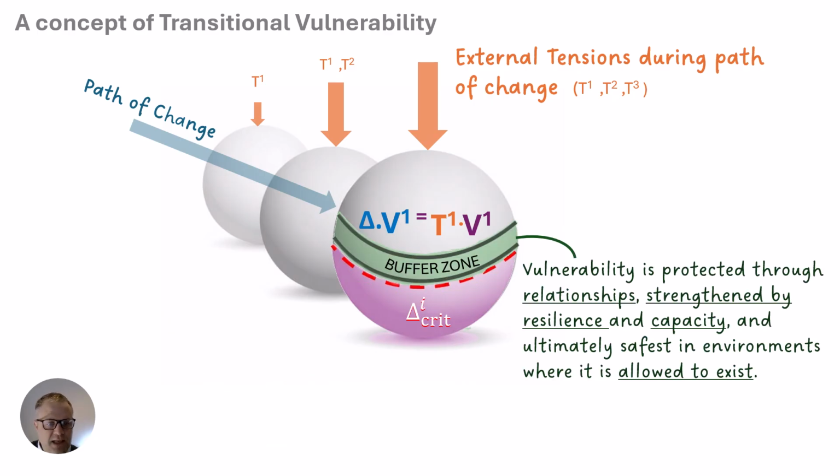So what we ideally like to do is build a buffer. That green area there is what I call the buffer. It's protected either through relationships, people that are around us, or we are strengthened through resilience and capacity.